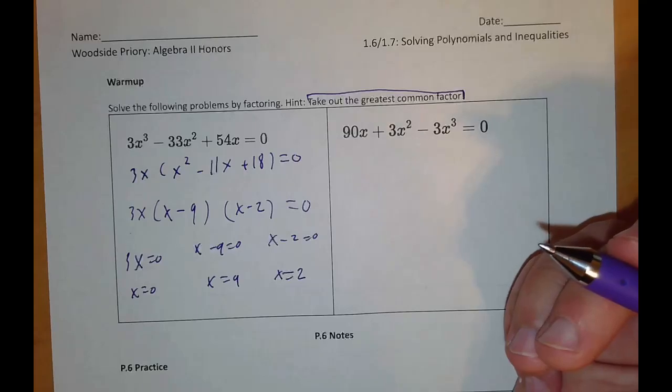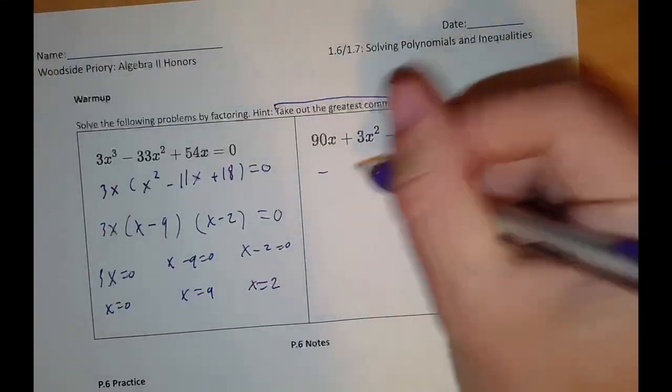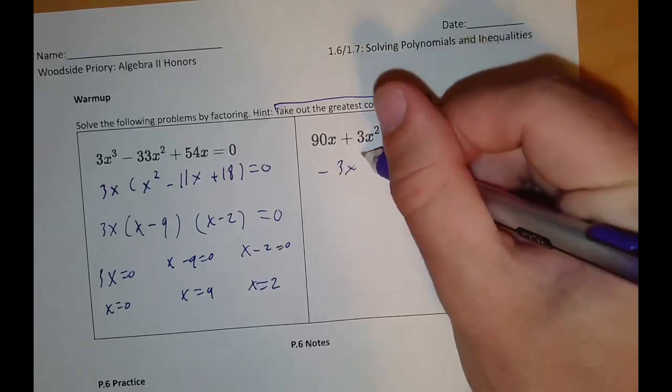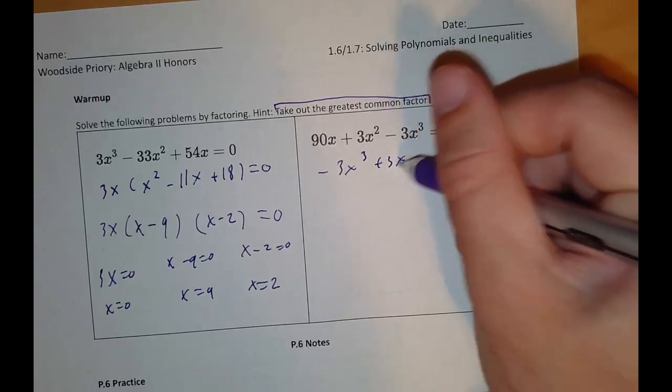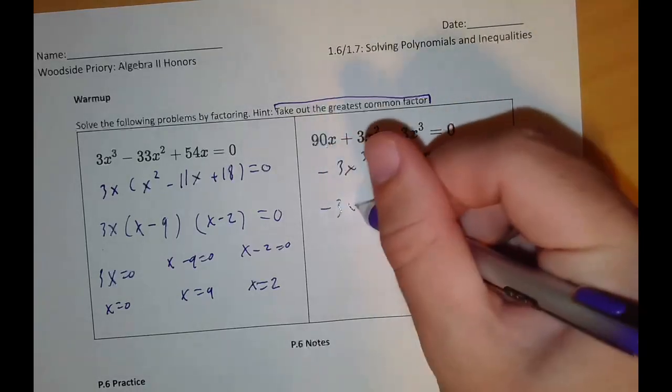Okay? This one follows the same pattern. We can rearrange it to be negative 3x cubed plus 3x squared plus 90x equals 0. Take out the negative 3x.